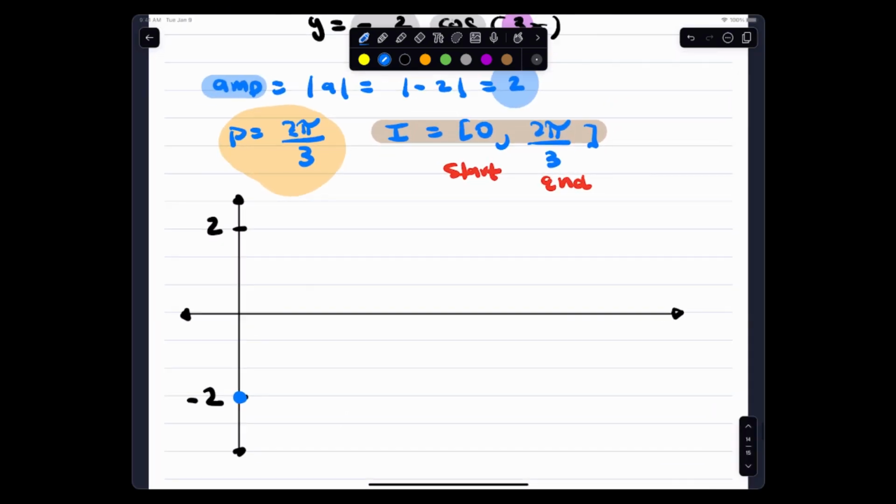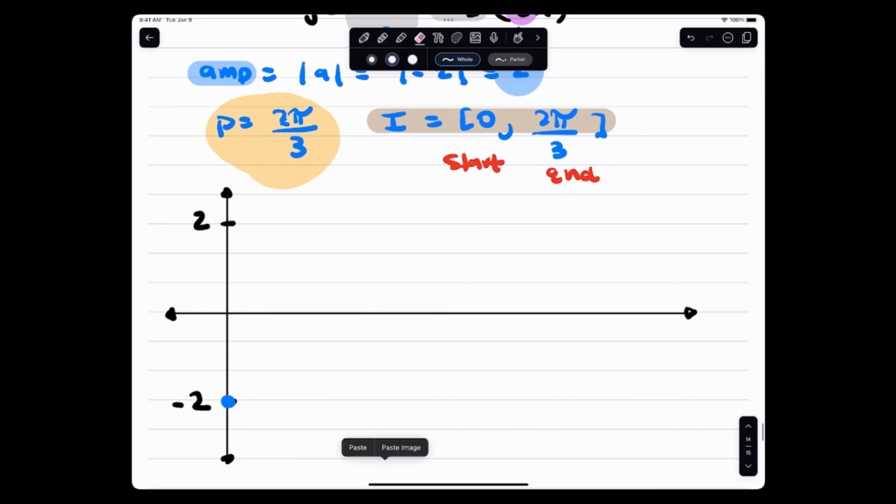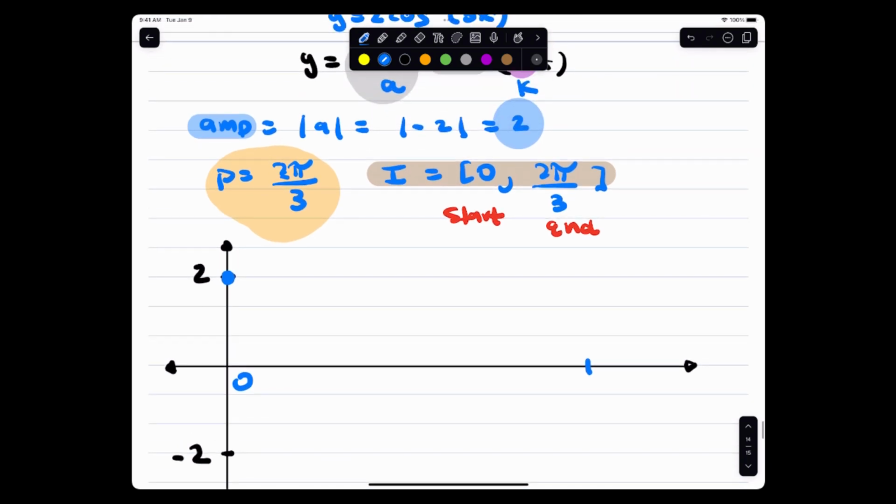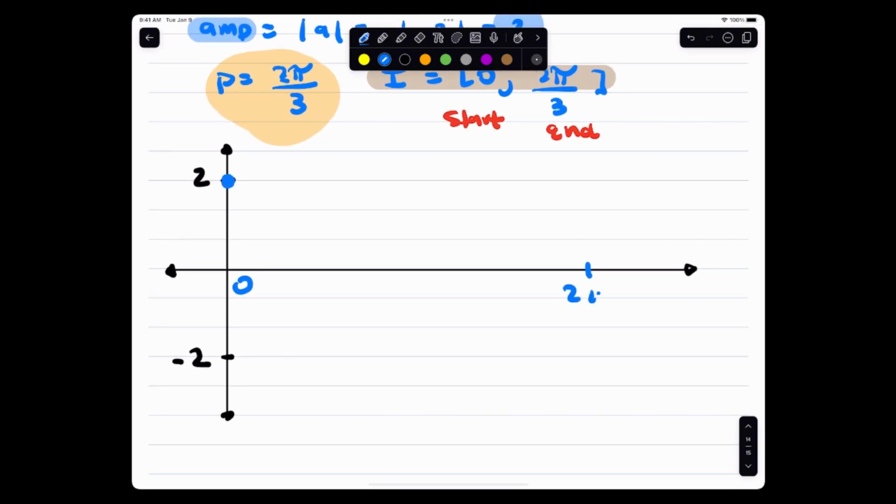So I don't mind, but just don't forget it's going to be the reflection on the x-axis, right? So if you said, I want to approach it the way you did in your videos, okay, here's cosine. That happens when x is 0, is that right? And then the period is 2 pi over 3. Over here, you're going to get the maximum again. That's what I was talking about.